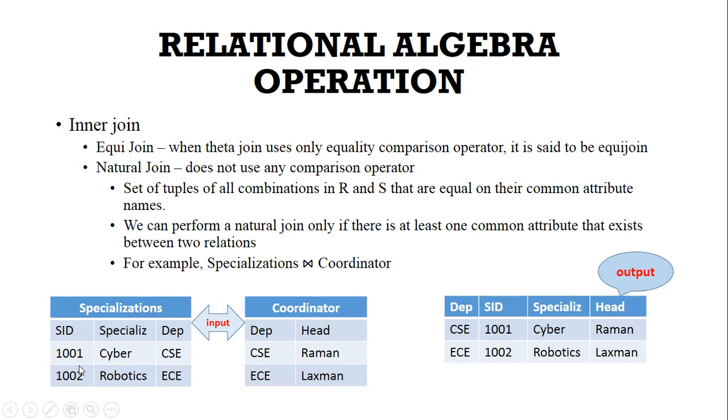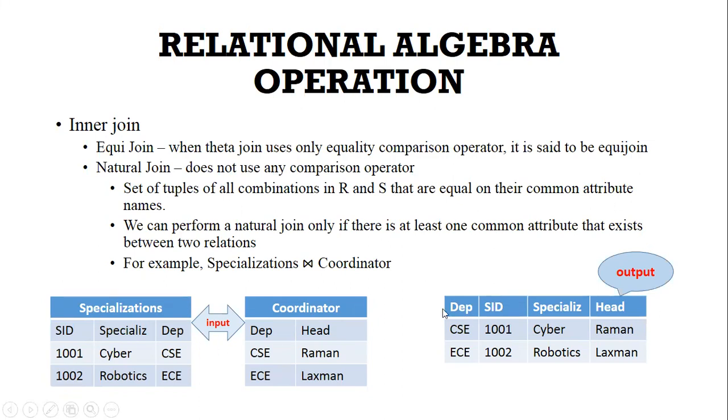The specialization relation has three attributes: student ID, specialization, and department. The coordinator relation has two attributes: department and head. One common attribute in both the specialization and coordinator tables is department. So we have to perform the join based on that.